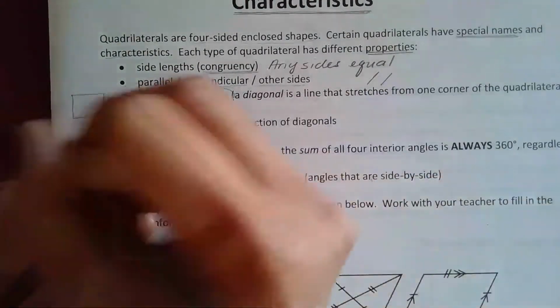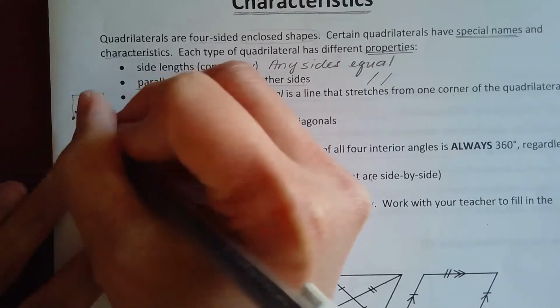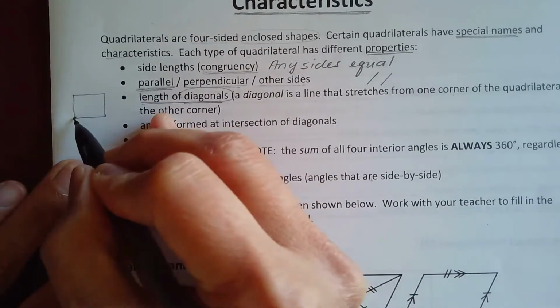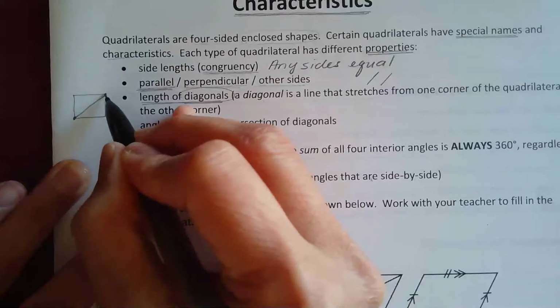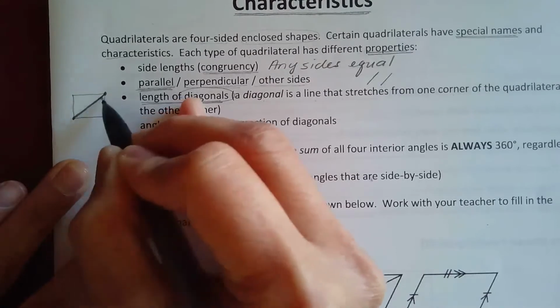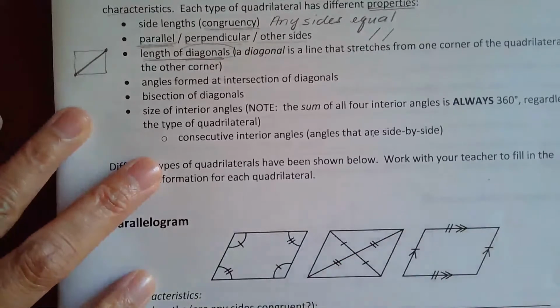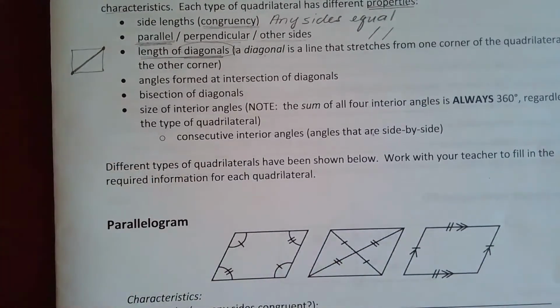A diagonal goes from one corner, but instead of going to the adjacent corner, we go to the opposite corner. So this is the diagonal right there. Some diagonals are, I won't mention that right now because we're going to uncover it later. I don't want to get too ahead of myself.